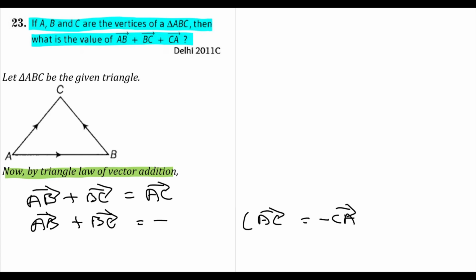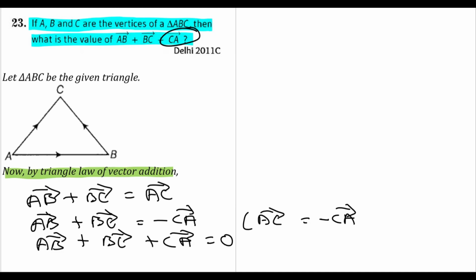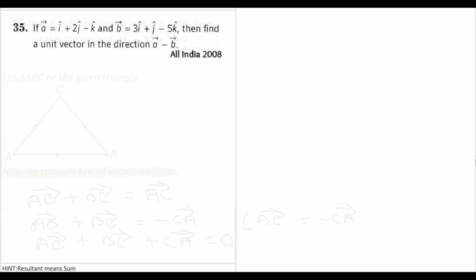So I'll replace AC with minus CA vector. In the last step, I can write AB vector plus BC vector, and on transposing this to the left hand side, it will become positive CA vector and nothing on the other side. It means 0. And this is coming equal to 0 in this case.